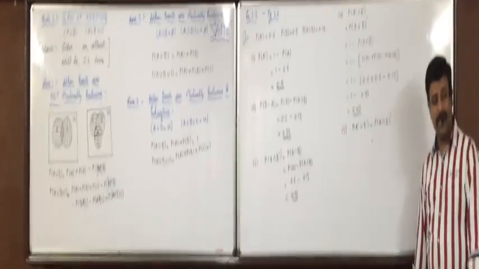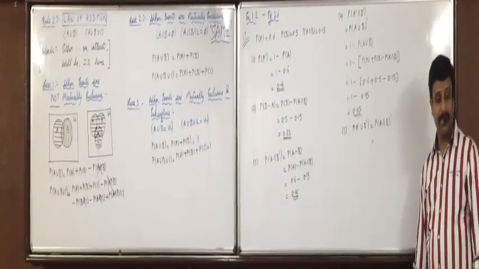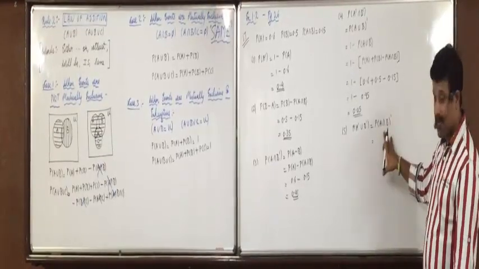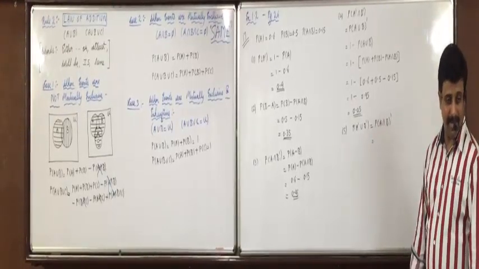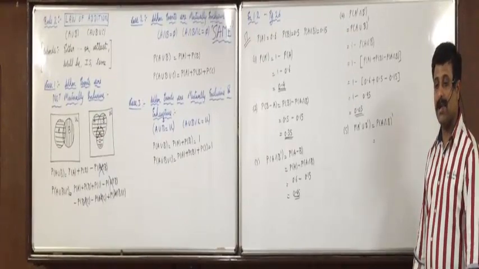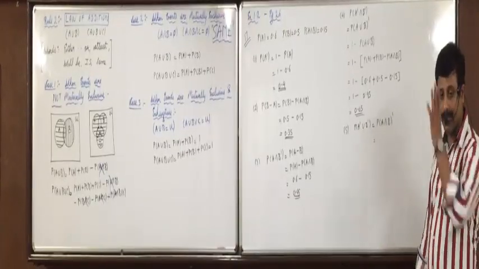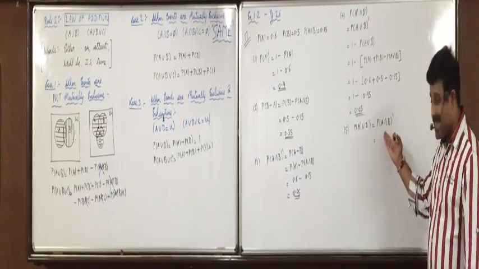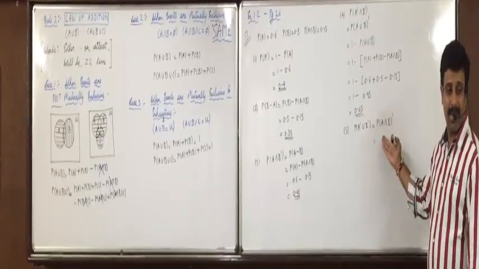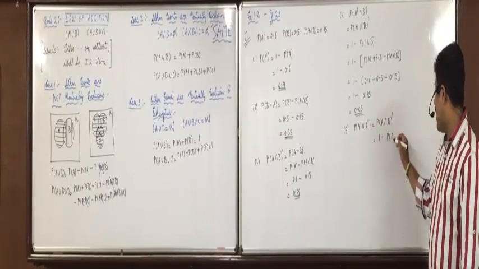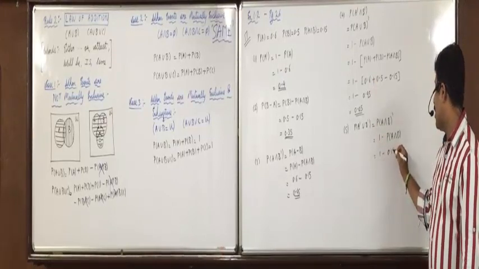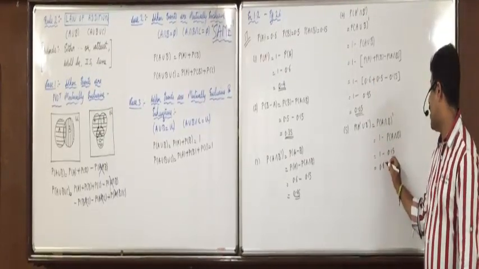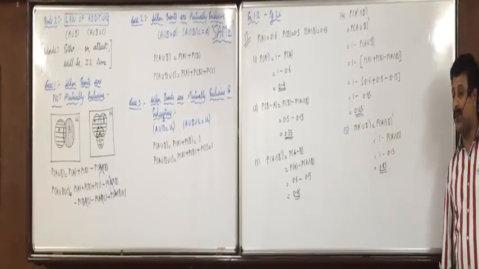How will you find (A intersection B) not? It is 1 minus P(A intersection B). So 1 minus, what is A intersection B? 0.15. So 0.85. Did you understand this portion, everyone?